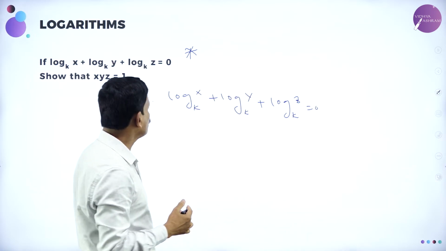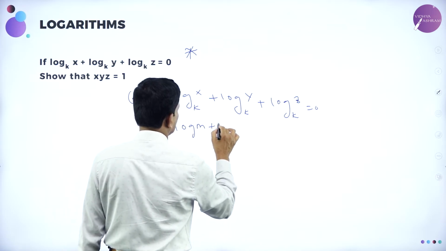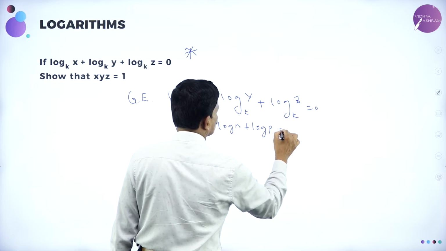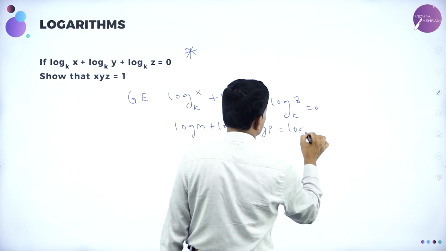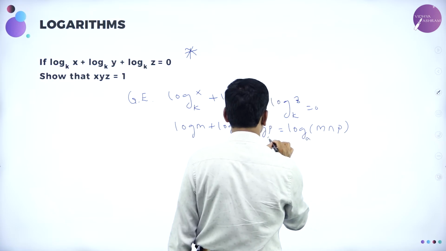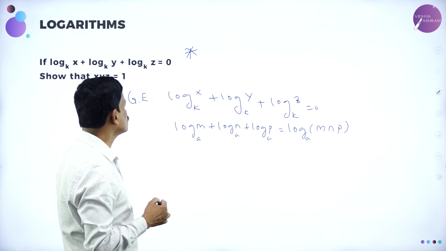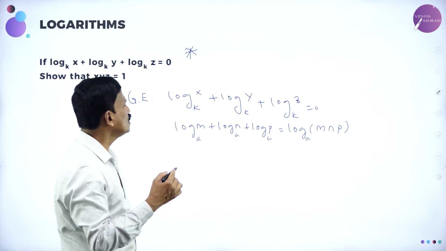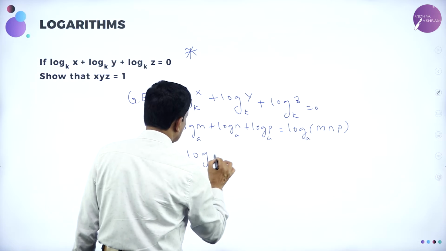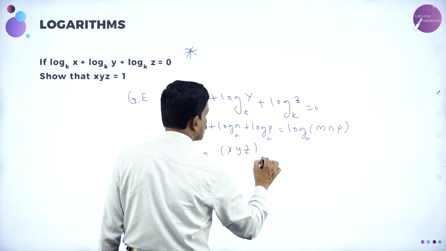Now if you observe carefully, this is of the form log m plus log n plus log p is equal to logarithm of m into n into p to base a. The bases are the same: log x to base k, log y to base k and log z to base k. Therefore this can be written as logarithm of x into y into z to base k is equal to 0.